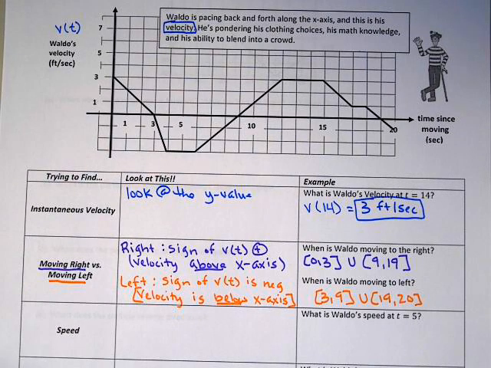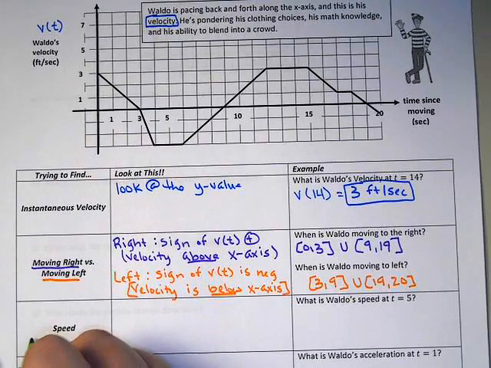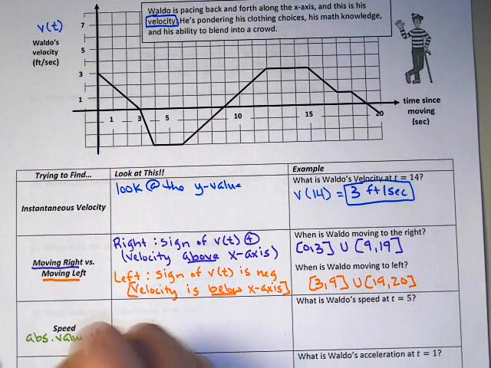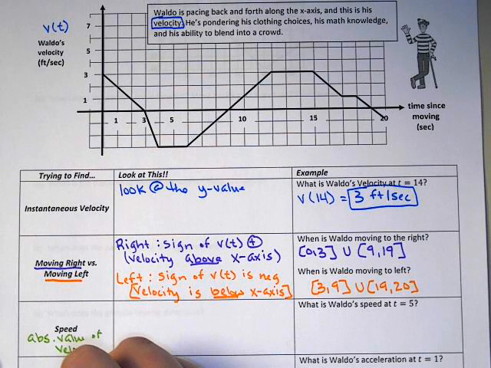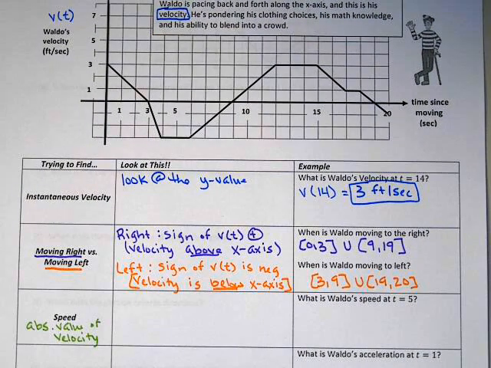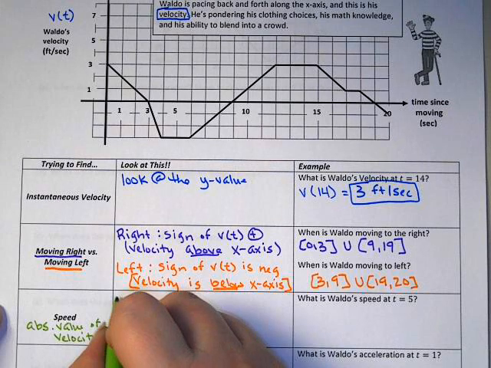Speed, we know that speed is really talking about the absolute value of the velocity function. So if I want to know Waldo's speed at any given point, I'm just going to ignore the sign on the velocity.